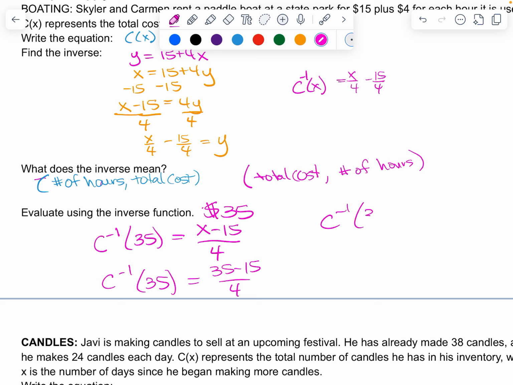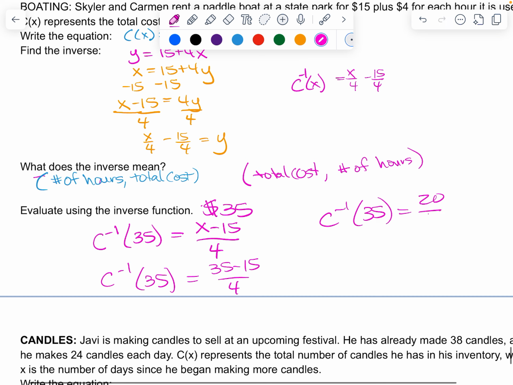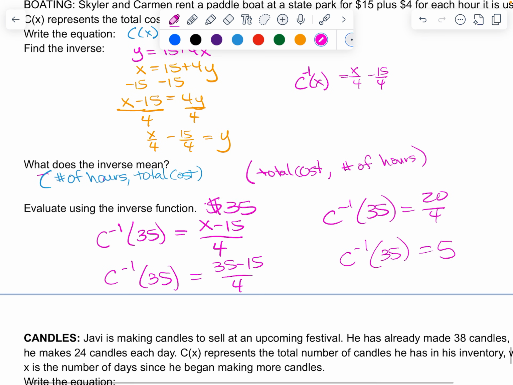That's 20, not 200, over 4. So that comes out to 5. So 5 hours is how long they can do it for.